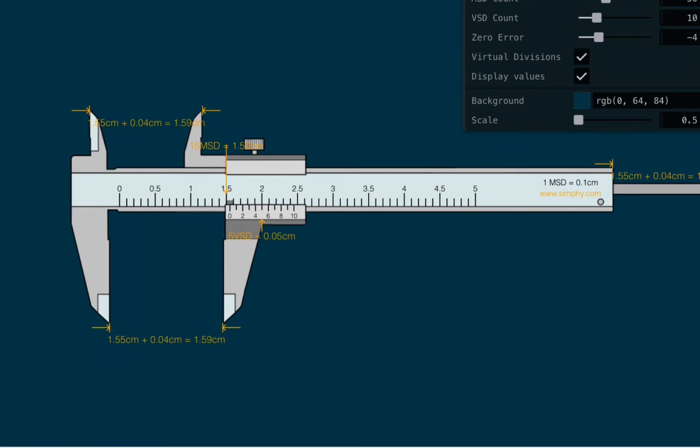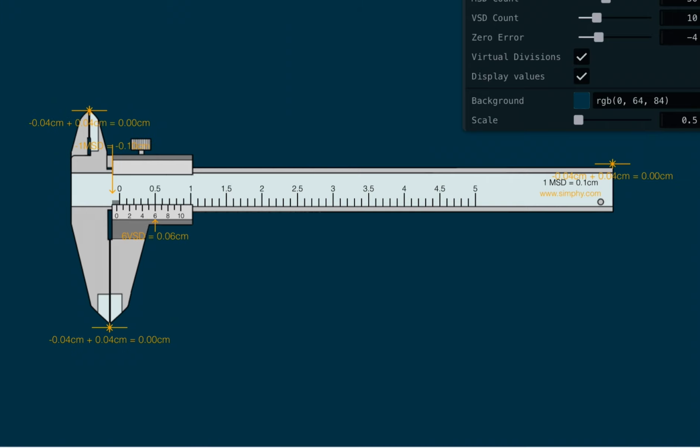That's why they write 1.5 plus 0.05, which gives 1.55, but then they add plus 0.04 centimeters. Why are they adding 0.04 centimeter? The reason is that we got a negative error. Whenever a negative error is there, which division is coinciding? The sixth division is coinciding.